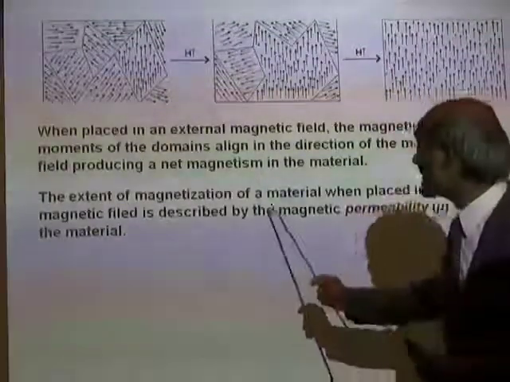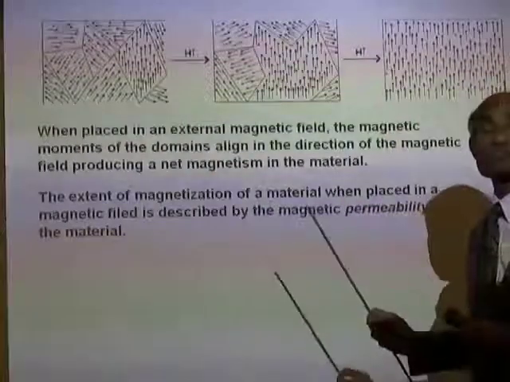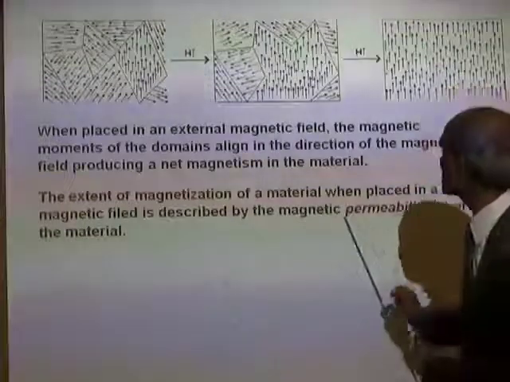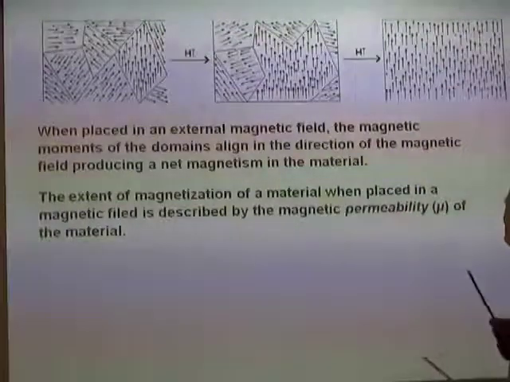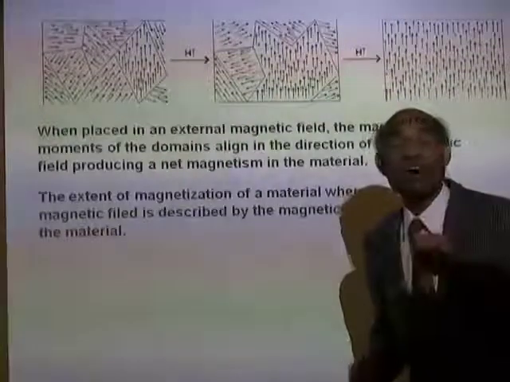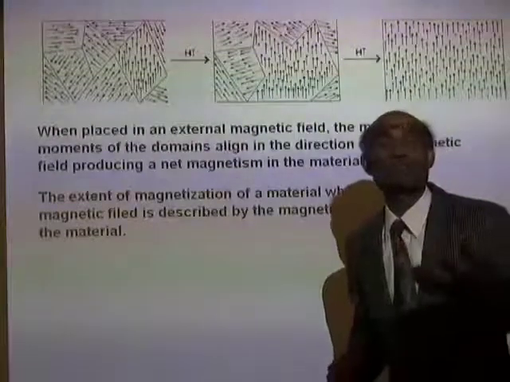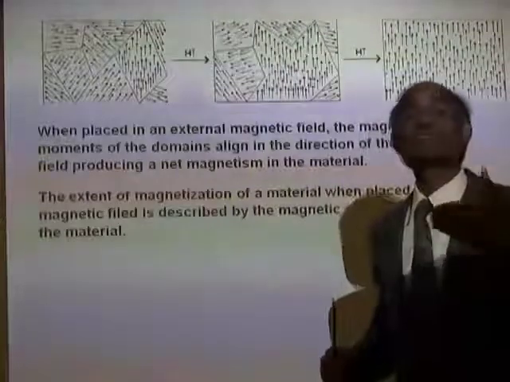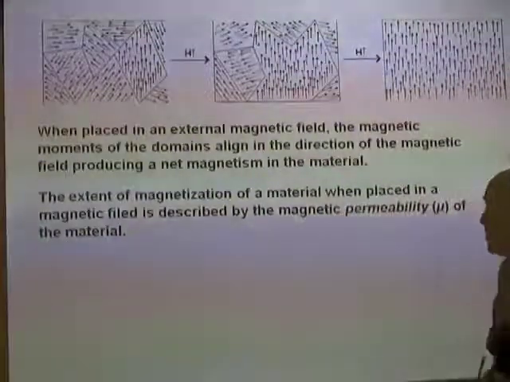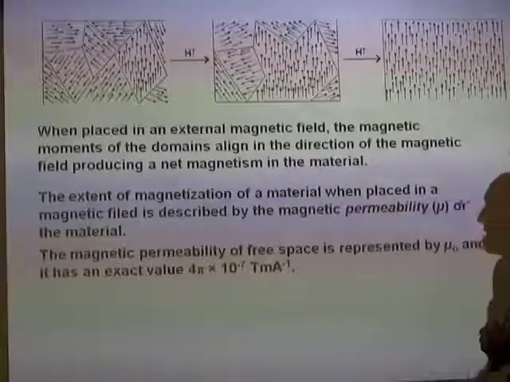Now, the extent of magnetization actually varies from material to material, and we use the term called permeability of the material to describe the extent of magnetization of a material when it is subjected to a magnetizing force. So we will now talk a bit about the meaning of permeability.